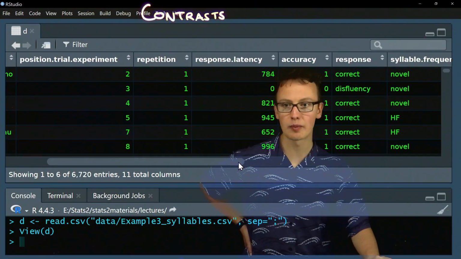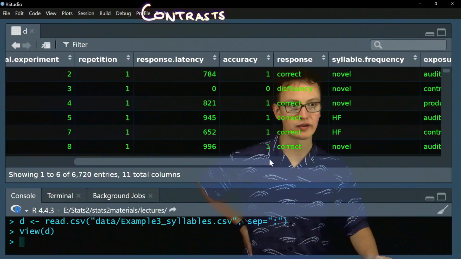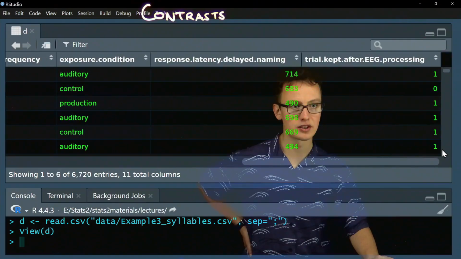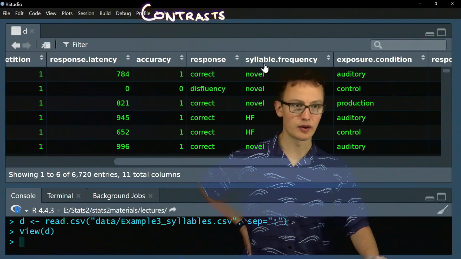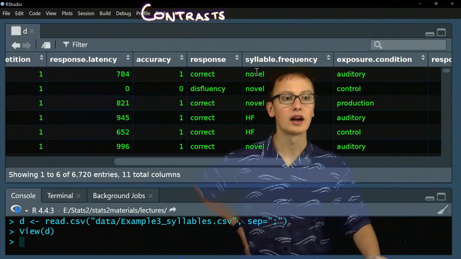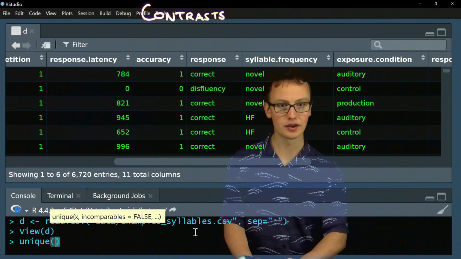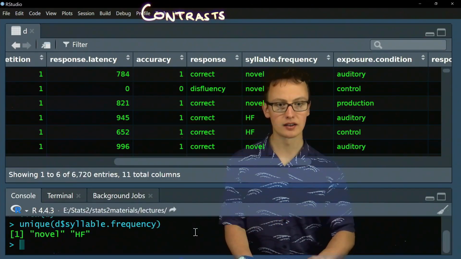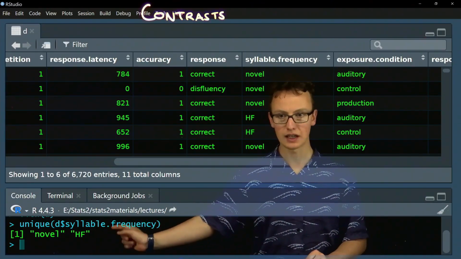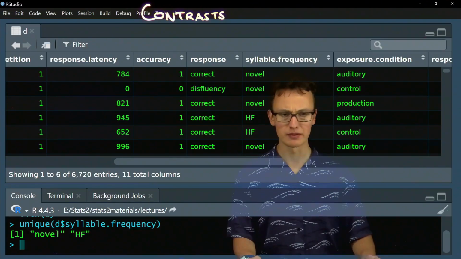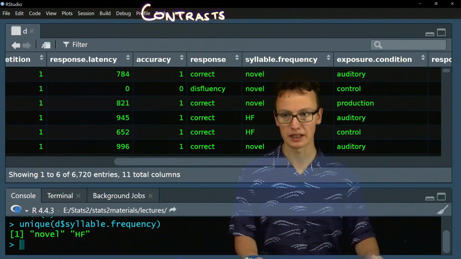The main thing we care about are actually two factors, which are going to be our predictor variables. One factor is the syllable type, which I should have somewhere here. Oh yeah, here it's called syllable frequency actually. So we have different levels of this. Let's see what the unique values of syllable frequency are. We can see that it has the levels novel and HF, standing for, I believe, highly frequent. Okay, so there are these two types of syllables we might have.